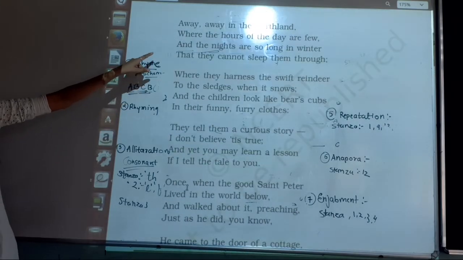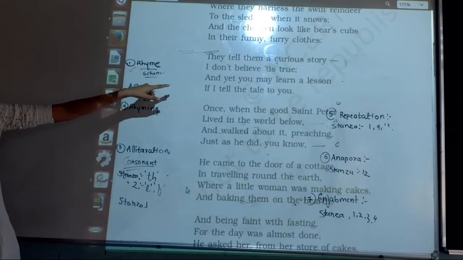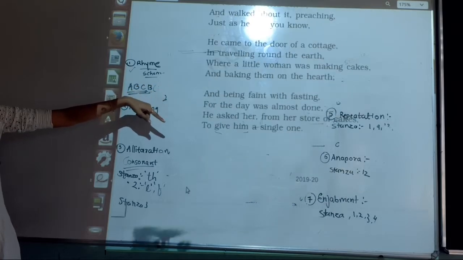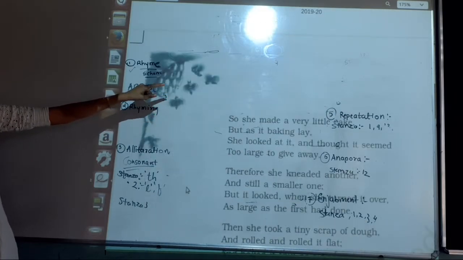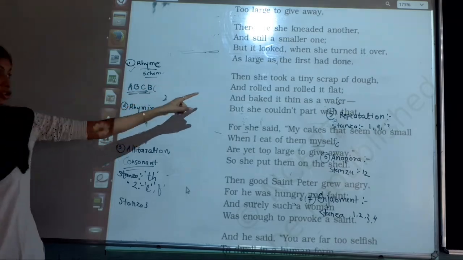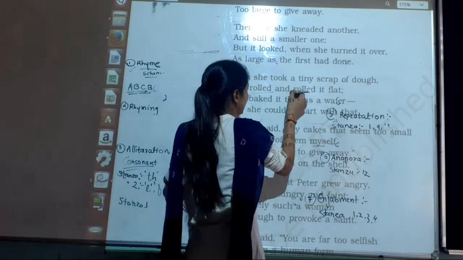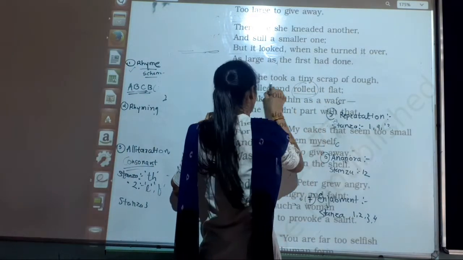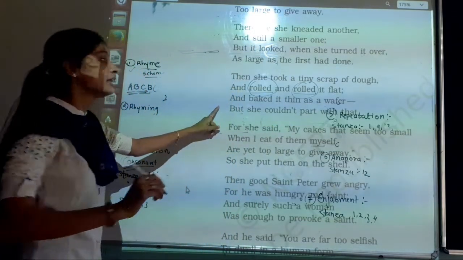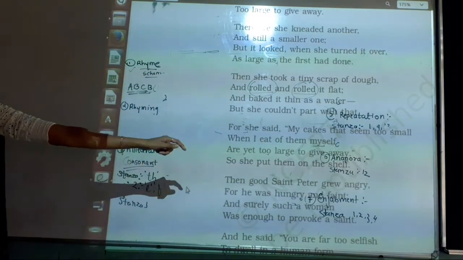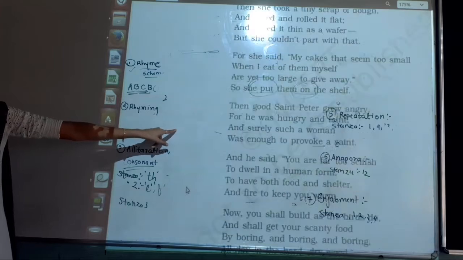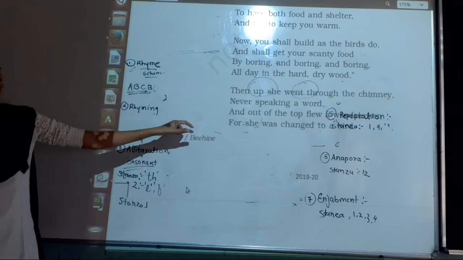So first, second, third, fourth, 5, 6, 7, 8. So here in stanza number 9, this word is also repeated. It becomes an example of repetition. A word repeated in a line is an example of repetition.